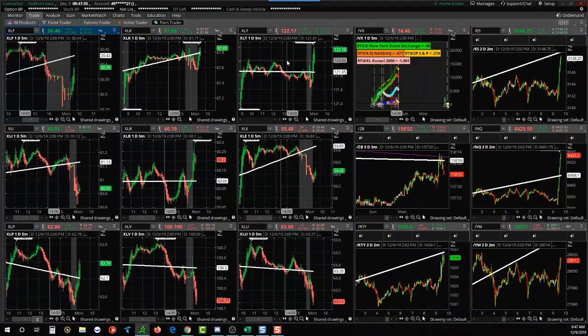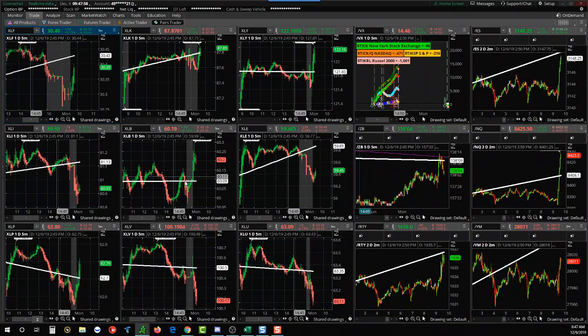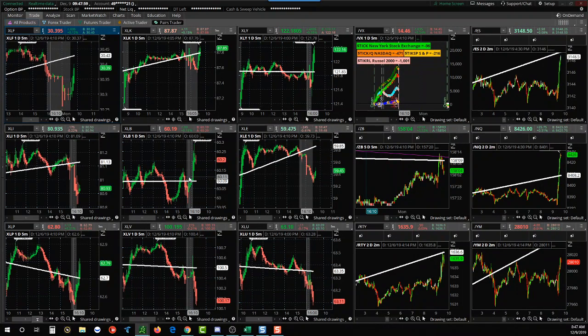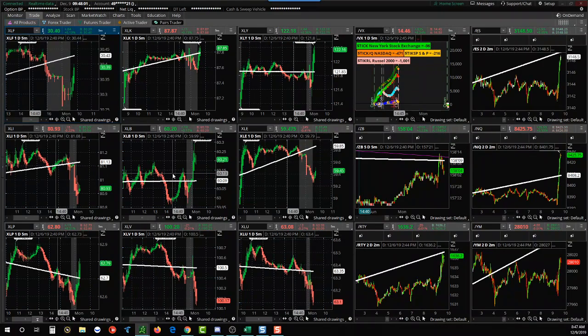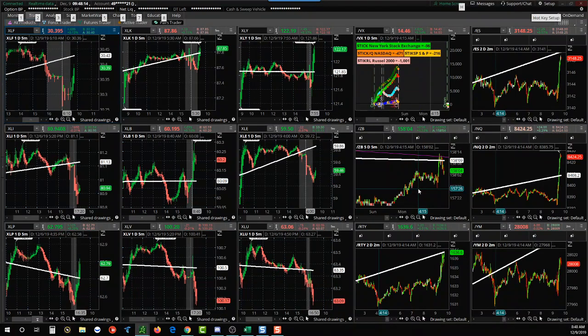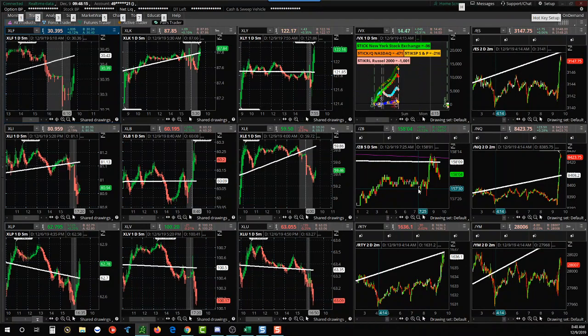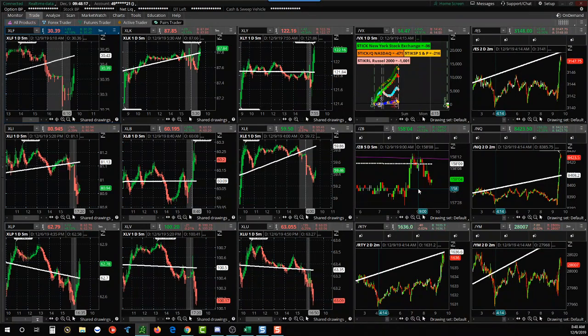It's doing good. XLB came out better than it was. That's your materials. Not too bad overall. Notice how much the bonds have given back. They've really pulled back quite a bit.